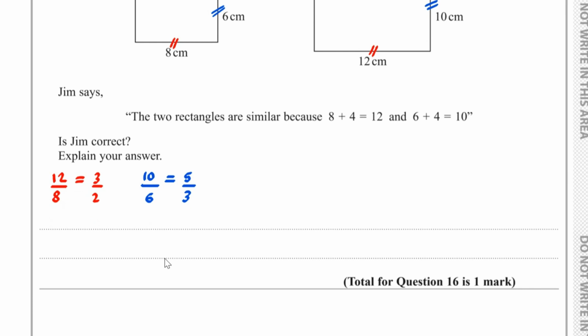What we can see here then is the length scale factors are not the same. So therefore, the rectangles are not similar, and therefore Jim is incorrect.